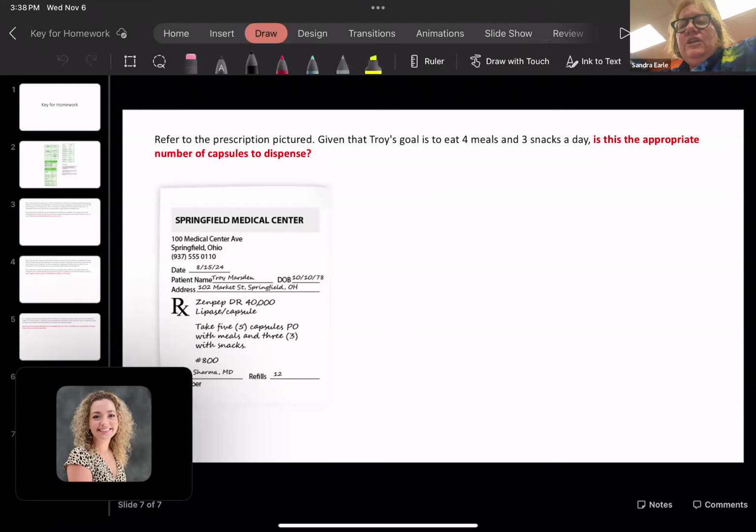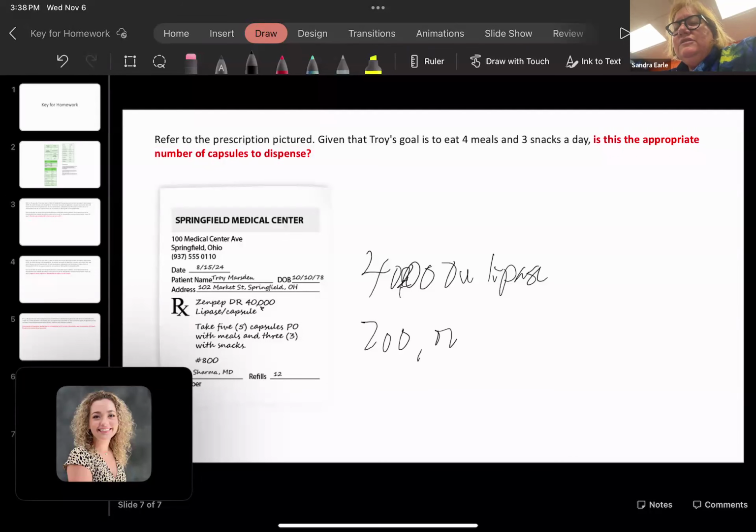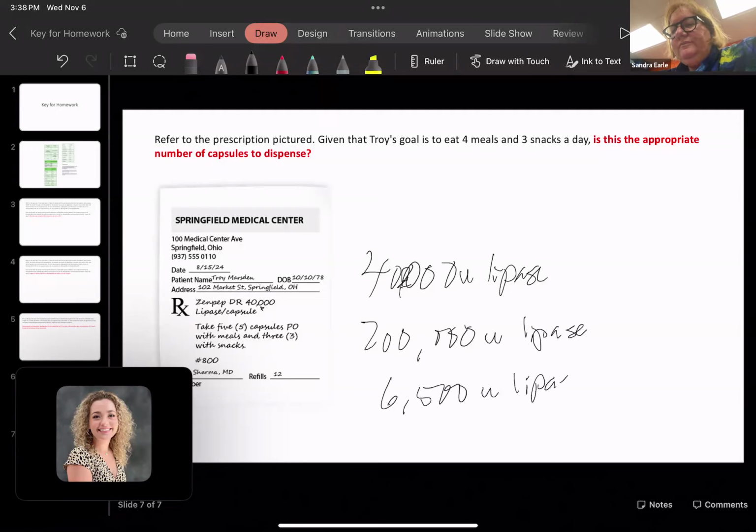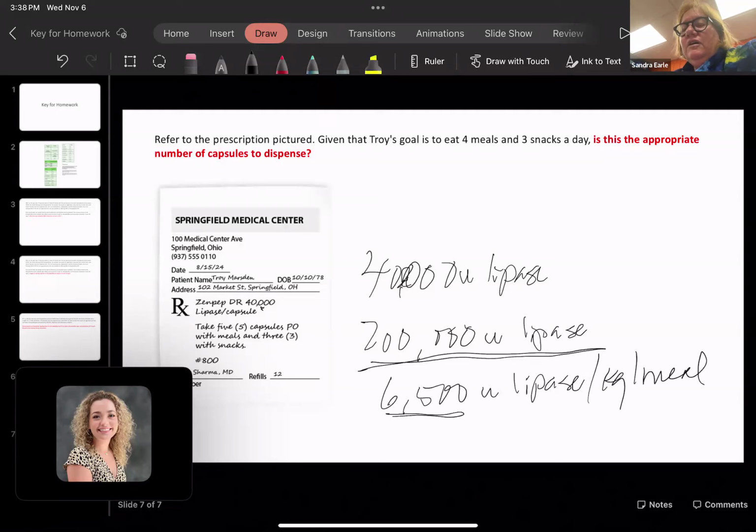For this patient, if they're getting 40,000 units of lipase per meal, and he's getting 5 capsules, so he's getting 200,000 units of lipase per meal. Remember, you can't have more than 6,500 units of lipase per kilogram per meal. So if I told you the weight of this patient, you should be able to figure out if they're under this limit.